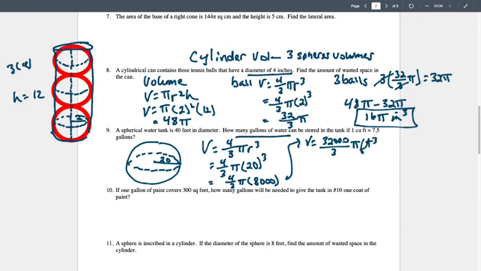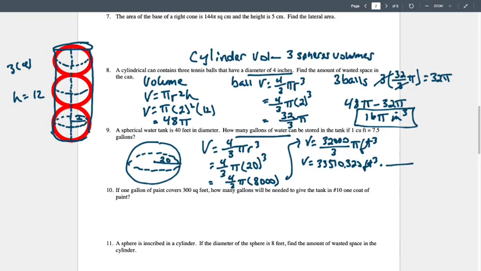That's our volume. Honestly, it's probably going to be easier to get that as a decimal. So I'm going to go ahead and write that it's 33,510.322 feet cubed. And I need to convert that to gallons.